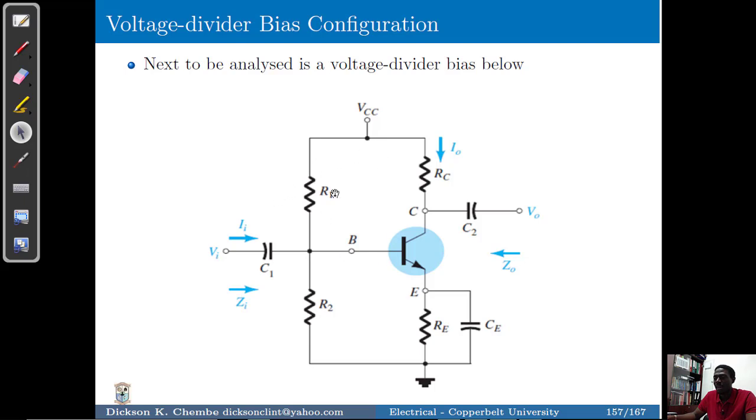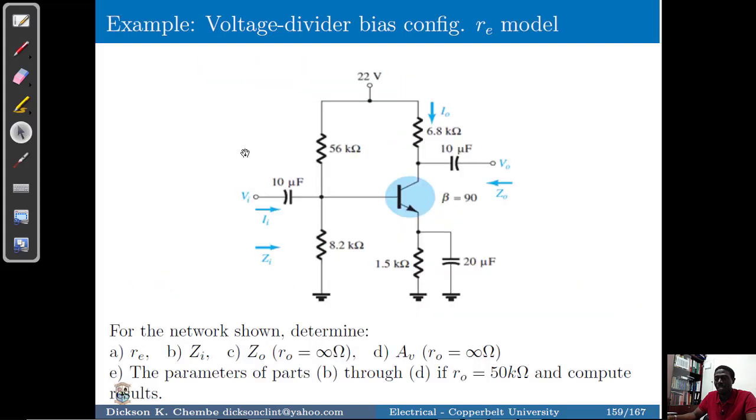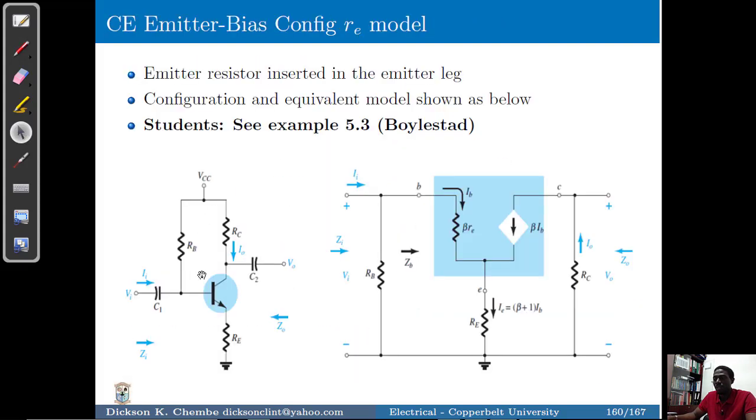In short, with the voltage divider bias, you've got two resistances on the input side, which have to be combined into one equivalent resistance R, and that resistor becomes parallel to beta RE. The RC stays the same on this side, and the calculations are basically the same. We'll look at that example shortly.